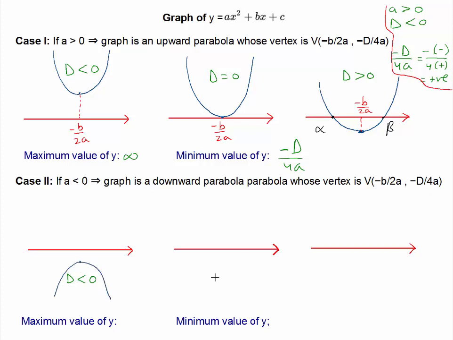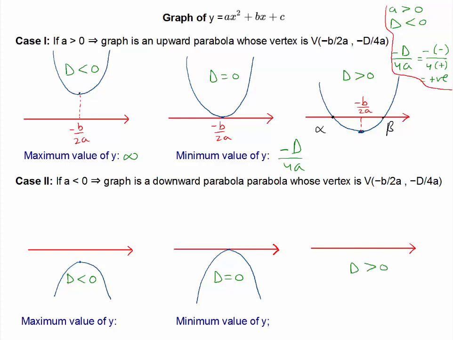Now when D equals 0, in such a case the vertex will be on the x-axis and it will be a downward parabola of something of this sort. Now the third case is D being greater than 0.